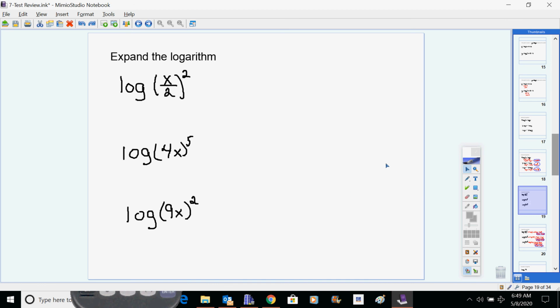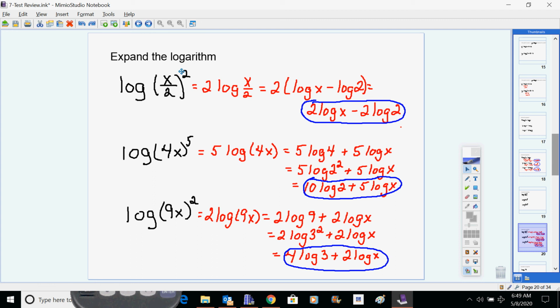Expanding the logarithm goes in the other direction. This is where the exponent gets dragged around to the front. Here we have this exponent coming around to the front, then your division turns into a minus, and finally you can distribute to get it simplified. This one, exponent dragged around to the front. This one, exponent dragged around to the front. First step. Second step, expanding.